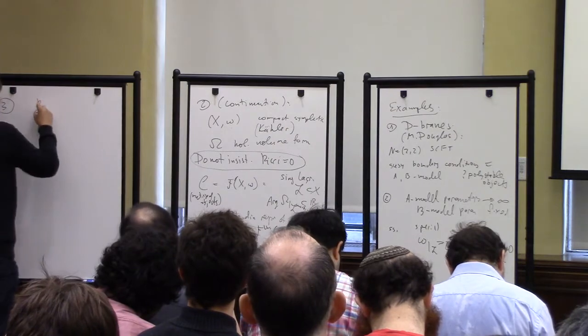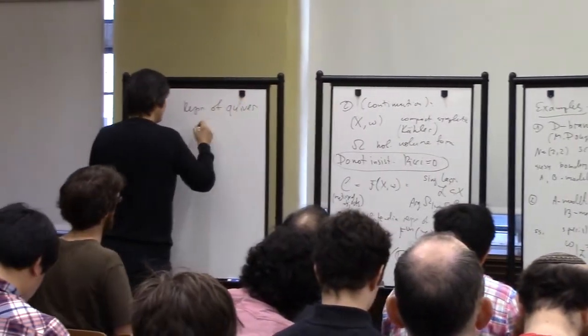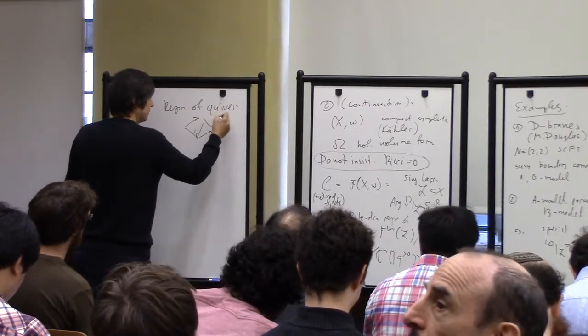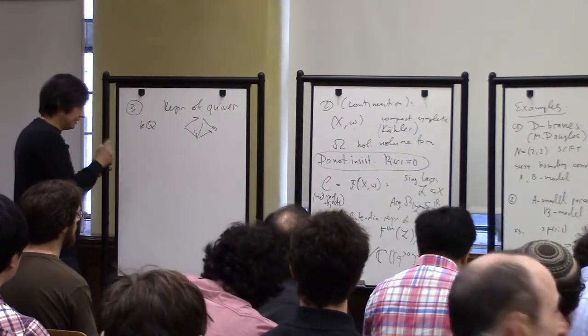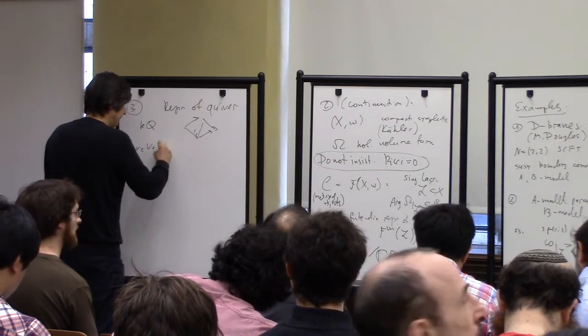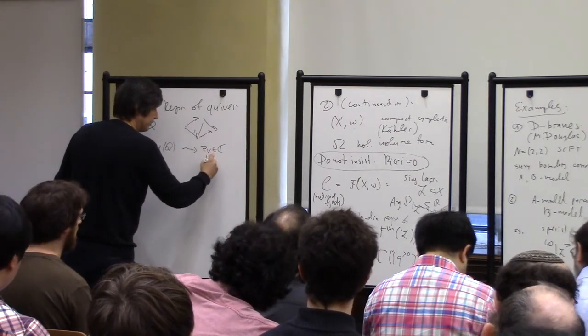It's representations of a quiver. You have some quiver, and consider the path algebra of the quiver, and associate to each vertex of the quiver an arbitrary complex number with positive imaginary part.